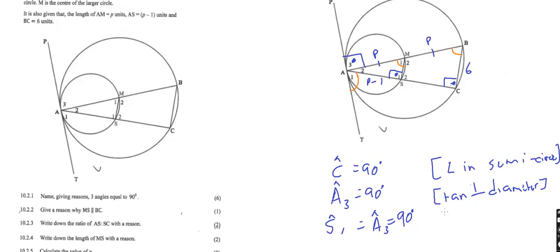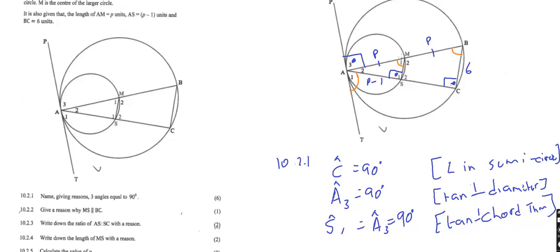So that's 90. And that's going to be tan chord theorem. Okay, so those are 3 examples of 90 degree angles.